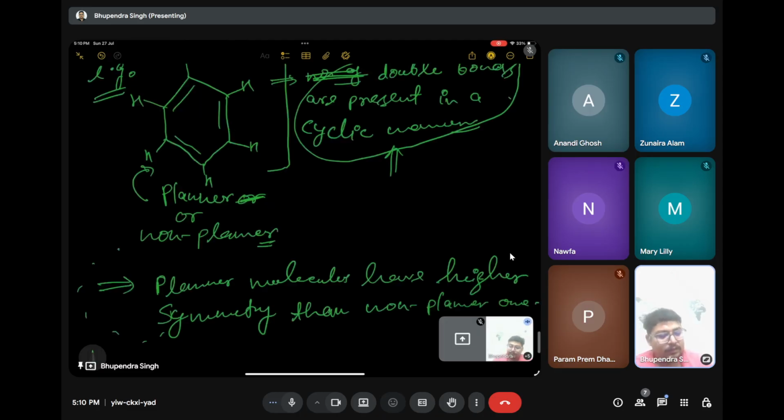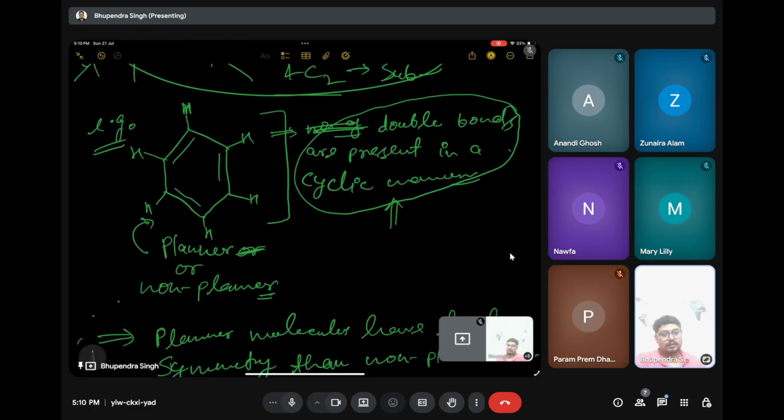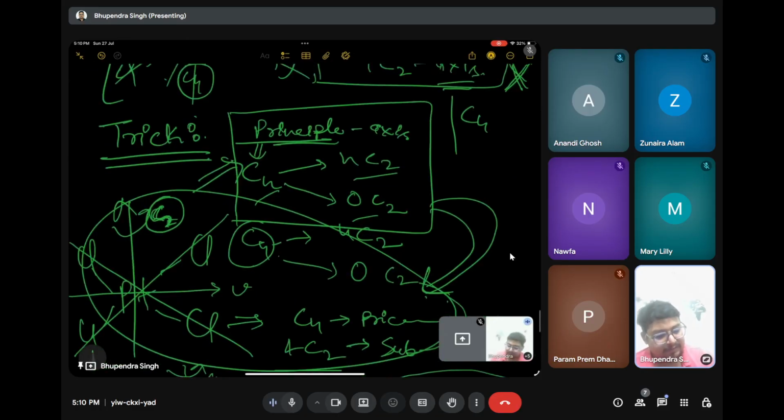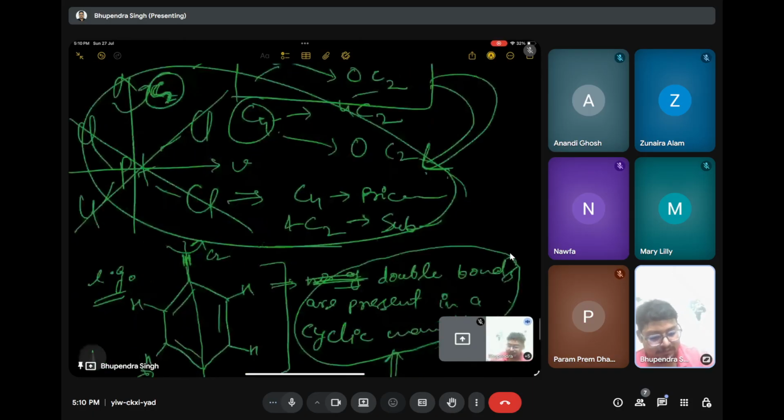Okay, coming to this one. What do you think this benzene ring has? I can simply determine this. If you go along this direction, you will have one C2 axis. Or, as I have explained here, according to our trick, let's follow this trick only.